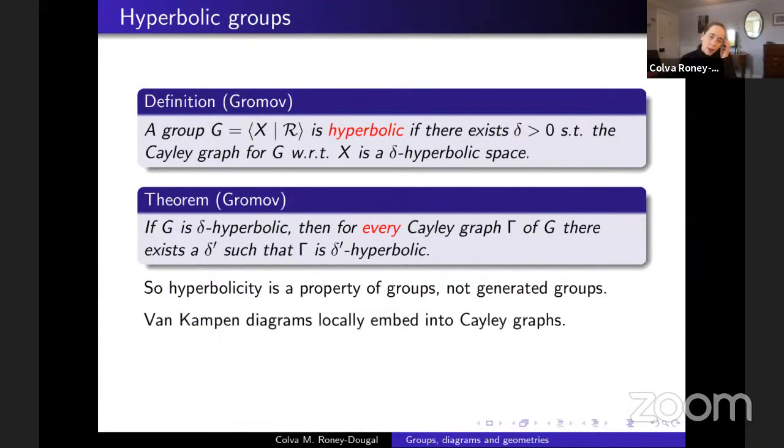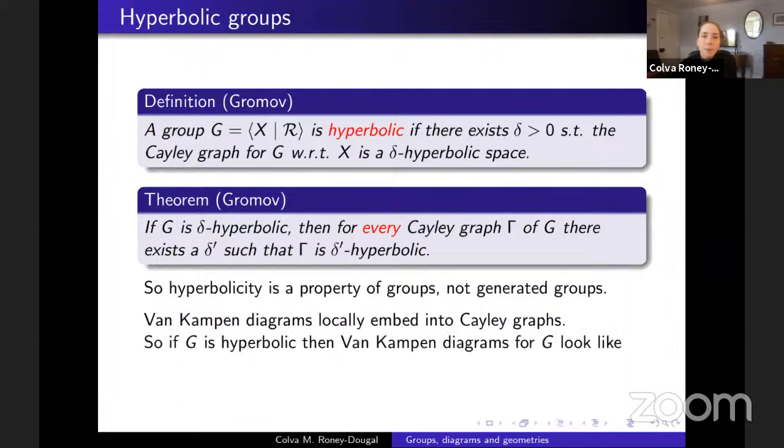The next interesting point is that the Van Kampen diagrams that I showed you 2 diagrams ago, they embed into Cayley graphs. So you can map all of the vertices of the graph in my Van Kampen diagram over to the vertices of the Cayley graph in such a way that locally it's an embedding.